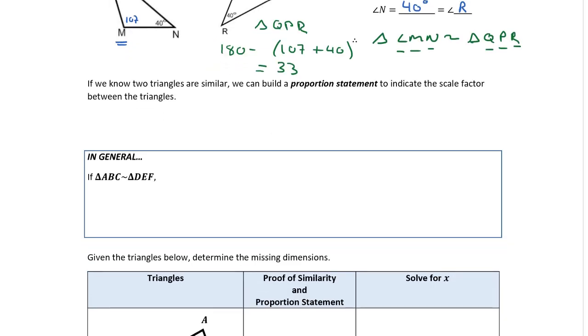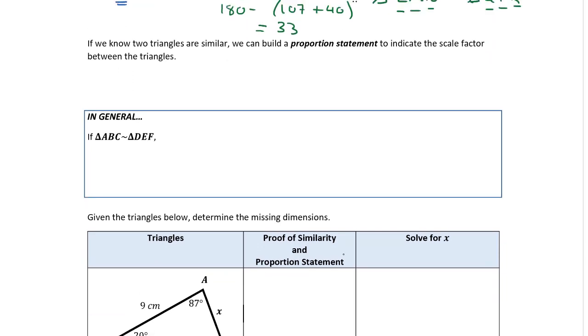Once we know that two triangles are similar, we can then build proportional statements to include a scale factor for the two triangles.